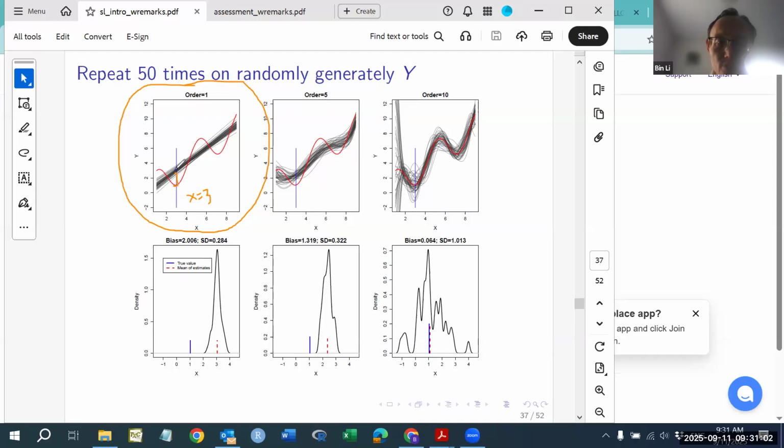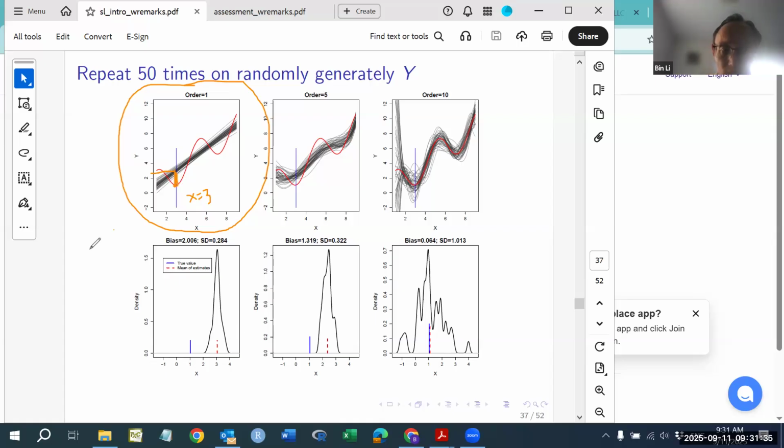The bias is the distance between y equals 1 when x is 3 and the linear model prediction, which is closest to 3. So 1 and 3, the difference is 2.